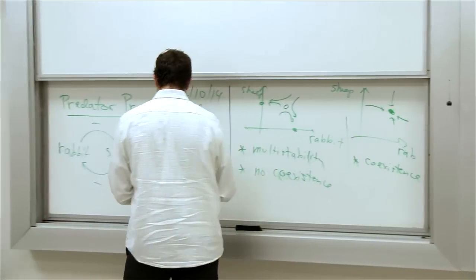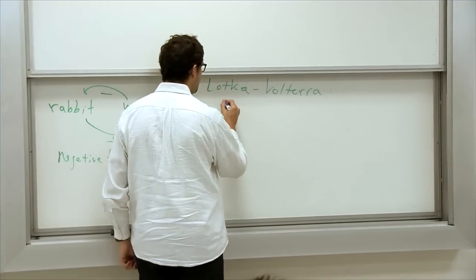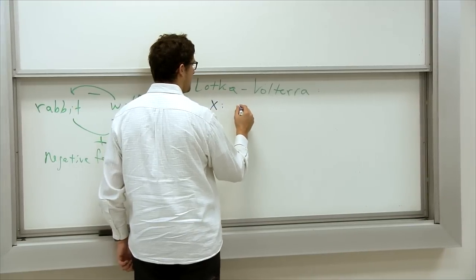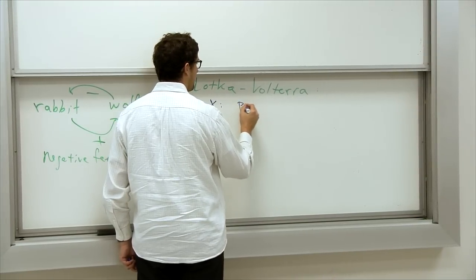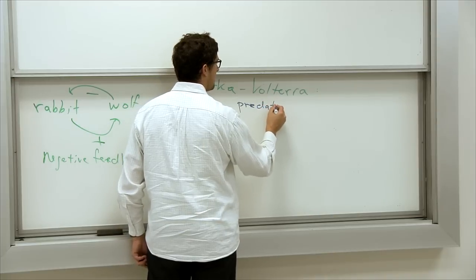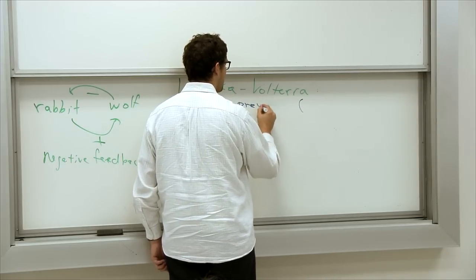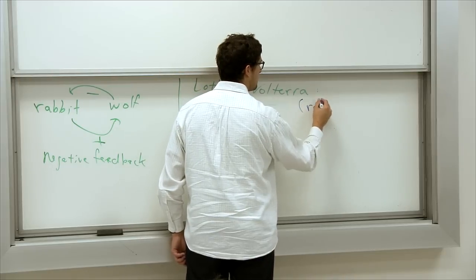And so the equations are the following. Suppose that X is the prey, in other words, the rabbits.